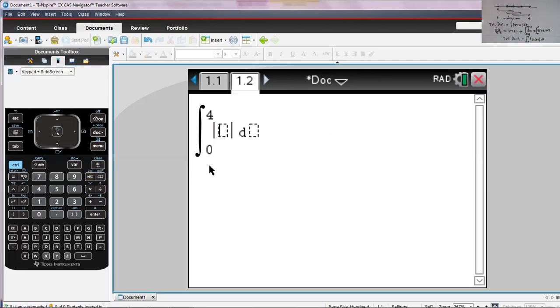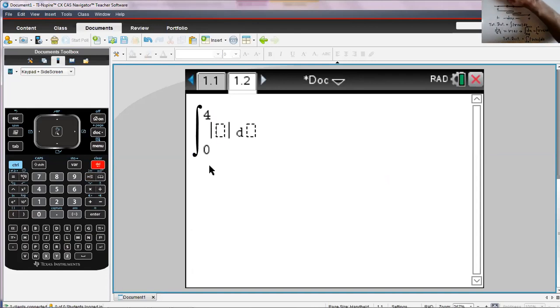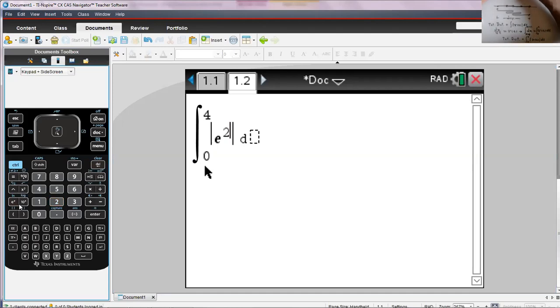The absolute value is right here. And then we put e to the power of 2 times sine x minus 1 dx, correct?